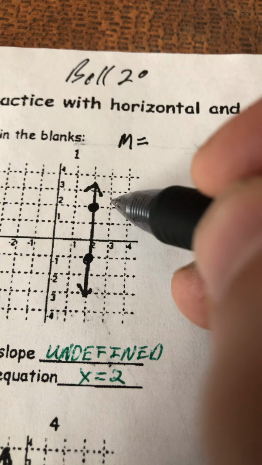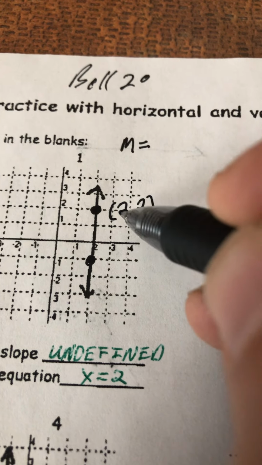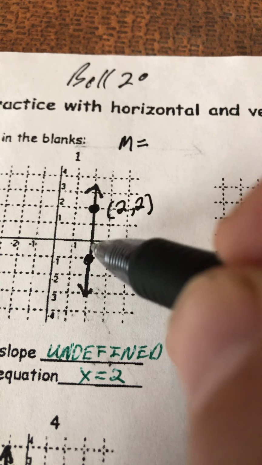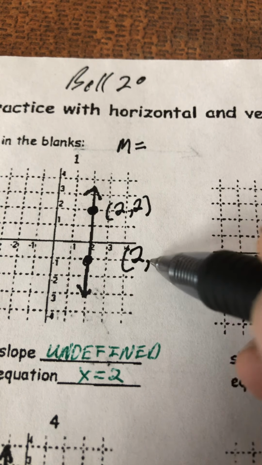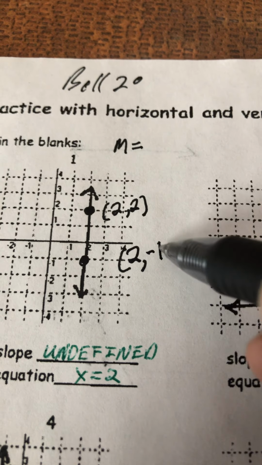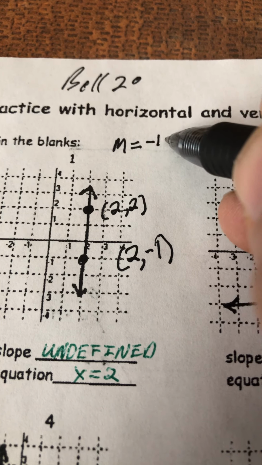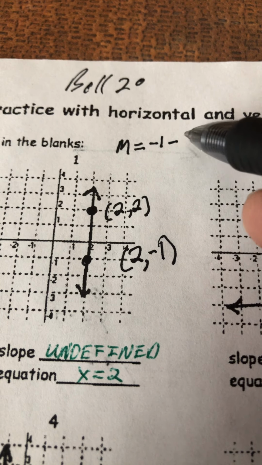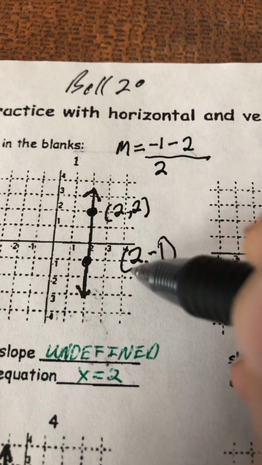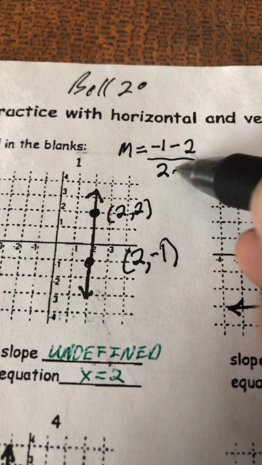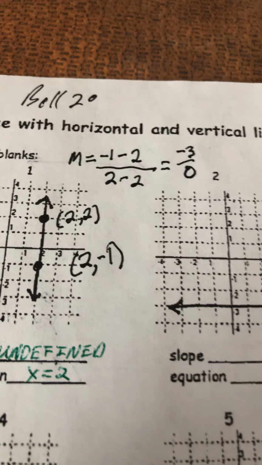This point right here is (2, 2), and on this one I have (2, -1), okay? So I take my y2, -1, minus my y1, 2, and then my x2, 2, minus my x1, 2. So I'm going to have -3 over 0.